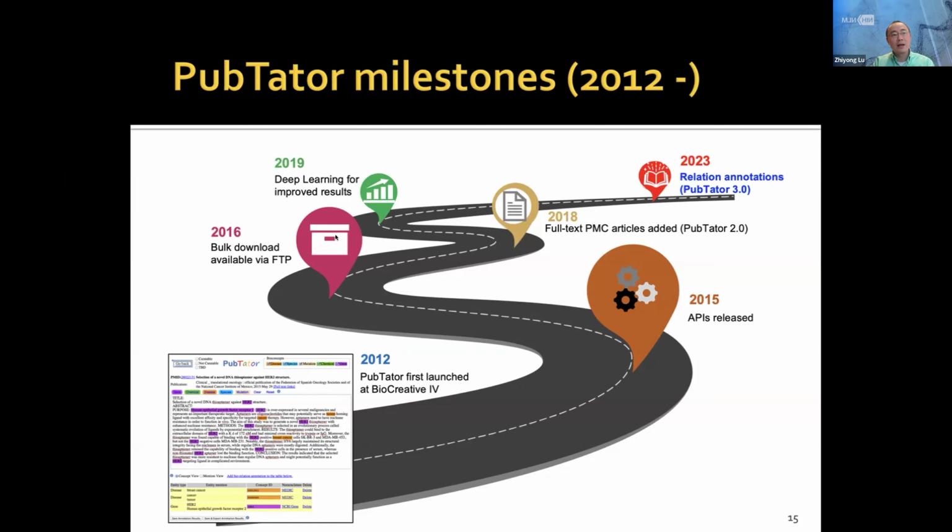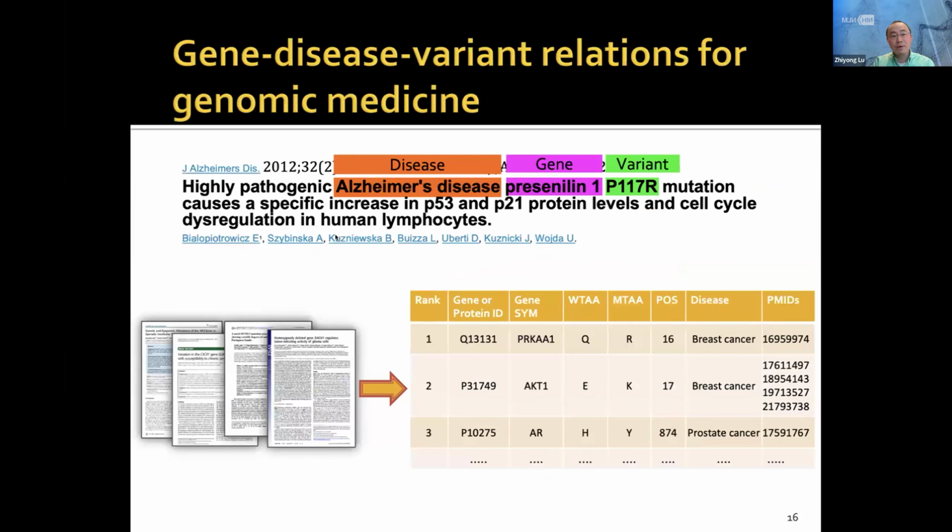So let me say a little bit about the relations that we are including in the PubTator system. Here is a toy example, where you see that in the title, we have a disease, Alzheimer's, we have the gene, and we have the variant. So prior to the 3.0 version of PubTator, we would only include the annotations of 3 separate entities.